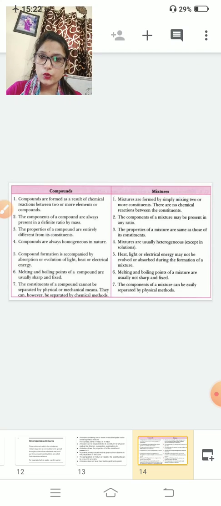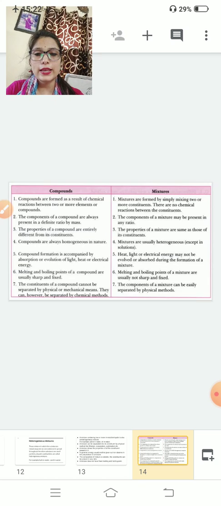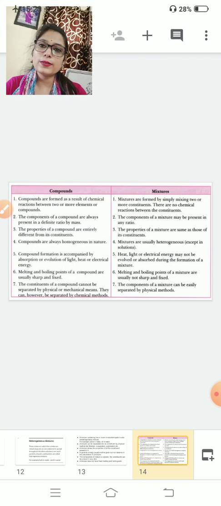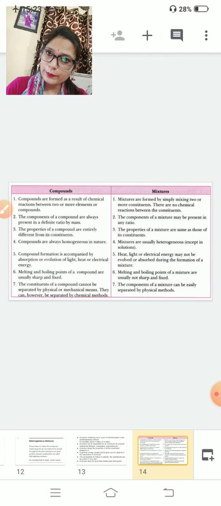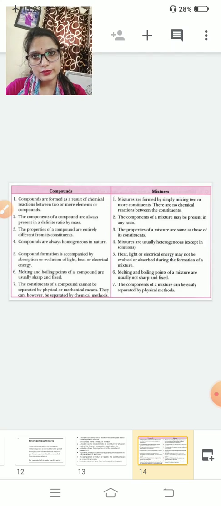In a compound, heat or light or energy will be given out or absorbed; in a mixture there is no such reaction. Melting and boiling points are fixed for compounds, but cannot be fixed for mixtures. Compounds cannot be separated by physical or mechanical methods, only by chemical methods, but a mixture can be separated by physical methods.